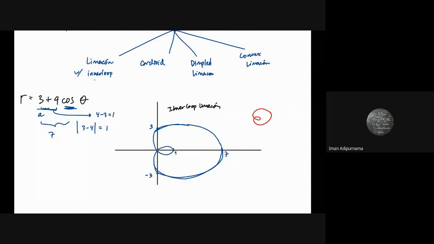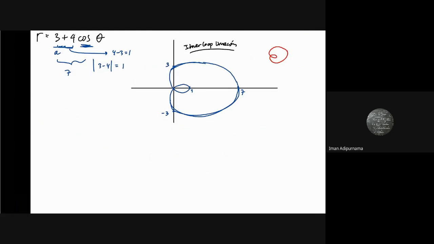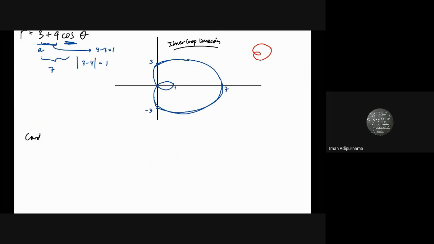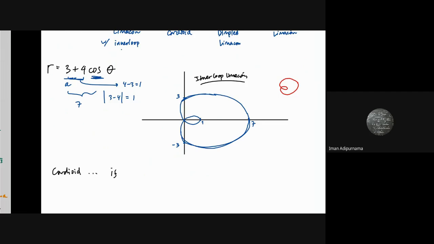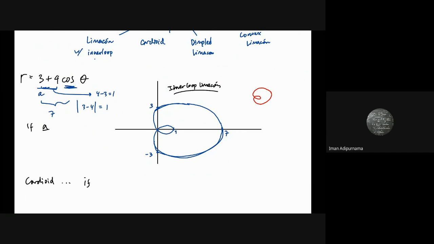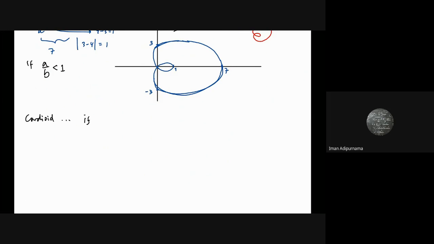And we also have what we call the cardioid. This is the inner loop limaçon. The cardioid is if a over b is less than 1. This is a, this is b. The cardioid is if a is equal to b. For example, r is 2 plus 2 cos theta.